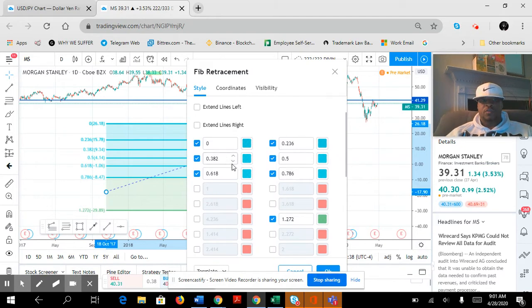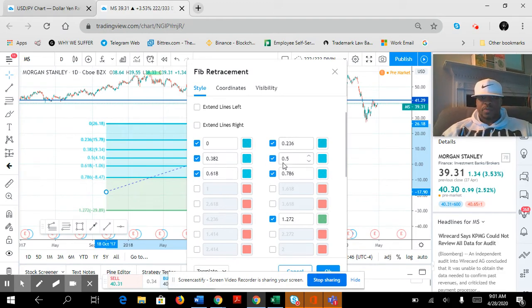These are the important levels you want. Checkbox for the 0.236, checkbox 0.382, checkbox 0.618, check the 0.5, which is 50%, and check the 0.786. All of the other levels, uncheck them. You want to take all the other levels off. Check these boxes.